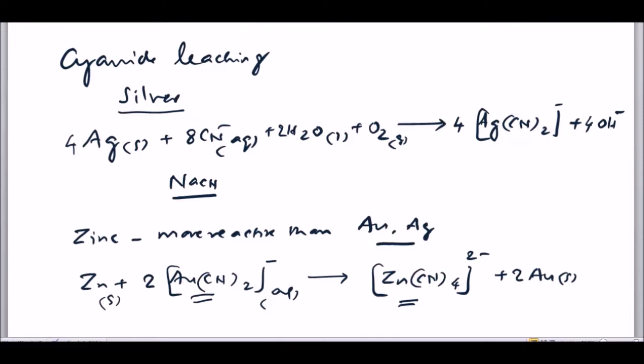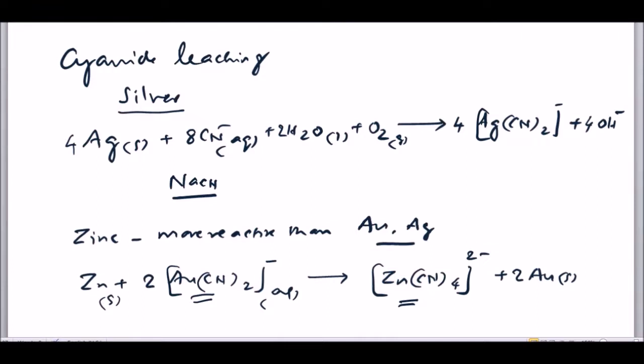Metals like silver and gold can be leached with sodium cyanide solution. This method is based on the solubility of ore in a suitable solvent. So which will get dissolved in sodium cyanide?